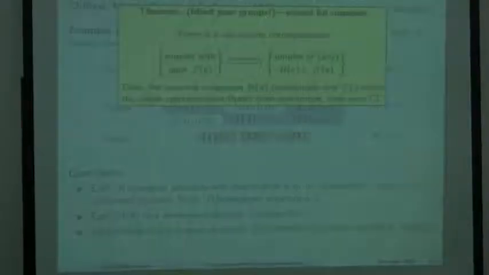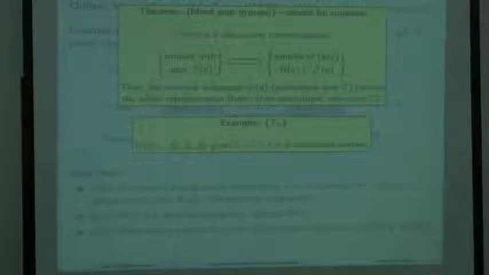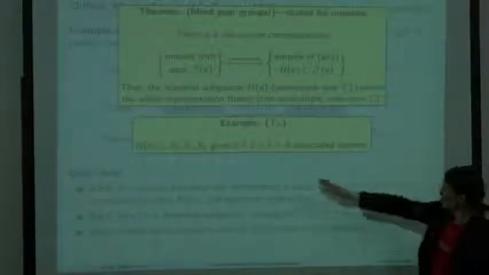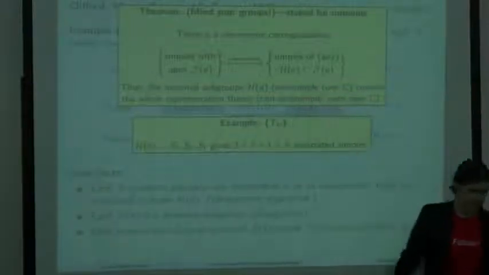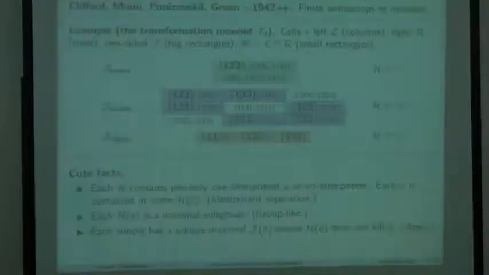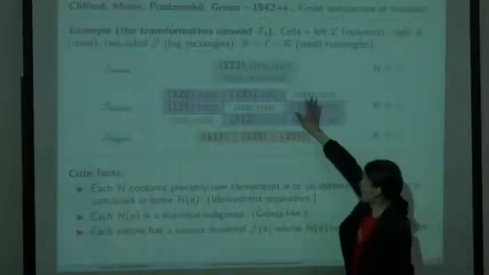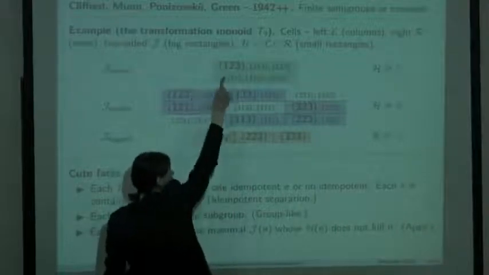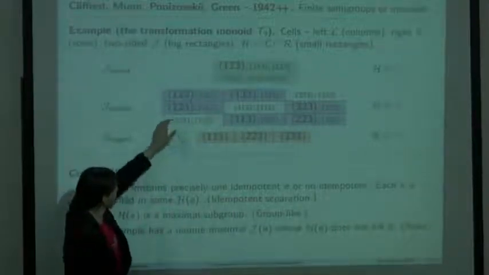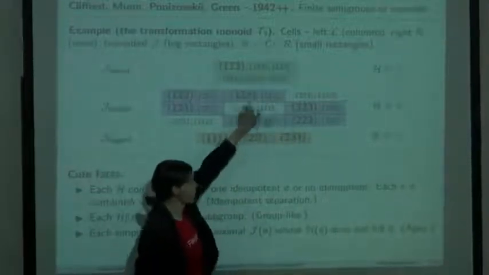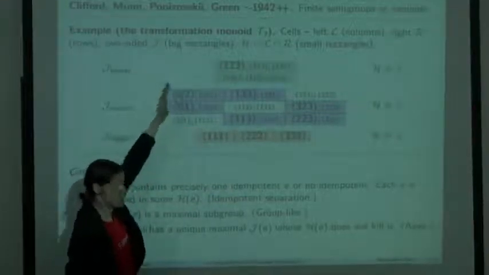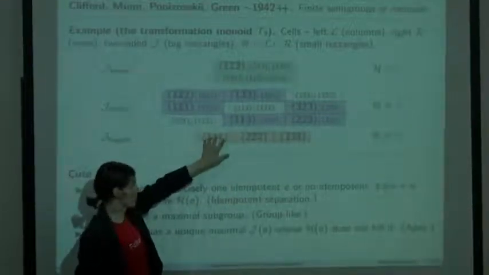And then the theorem tells us that actually T3 has 6 associated simples. 3 of them are killed by this cell, so they have apex this one. 2 further ones are killed by this cell, so they have apex this one. And 1 that survives everything, so where those guys don't act as 0.